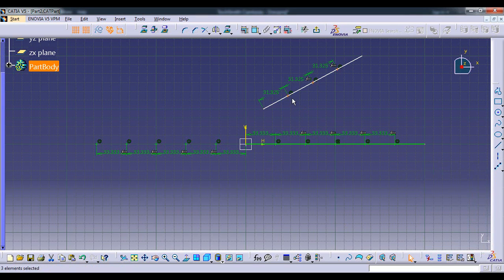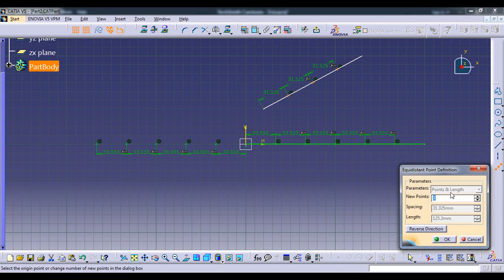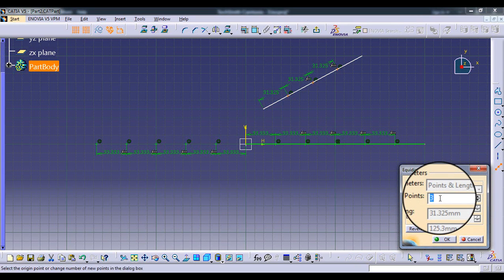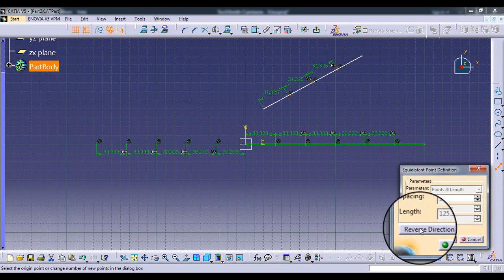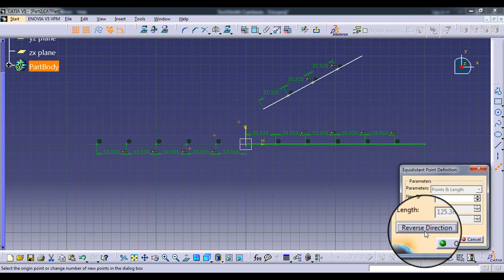We can see that these points that are plotted are equidistant from each other. I will again choose this command and select the same line, and keeping the number of points the same, I will just choose the reverse direction option.